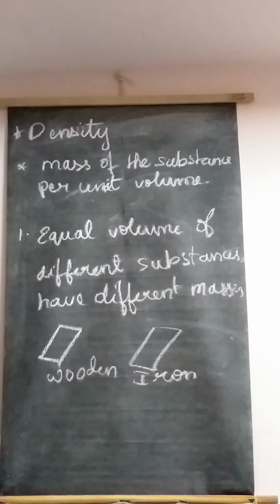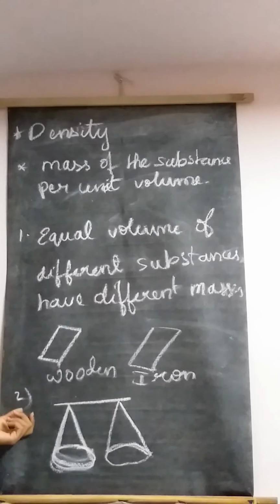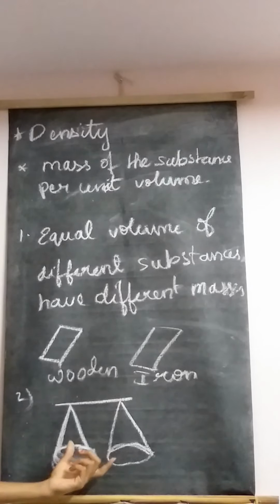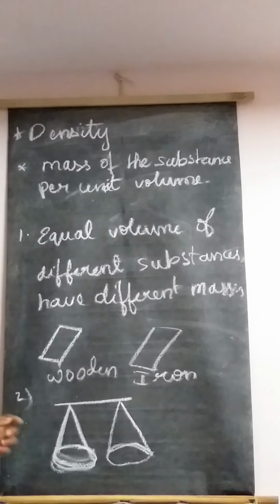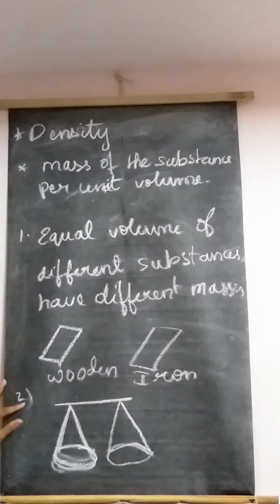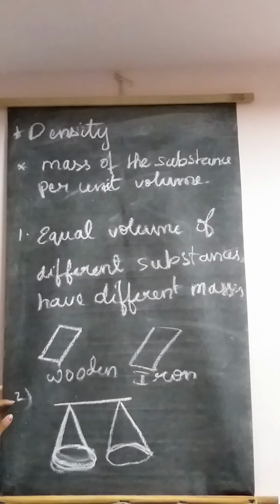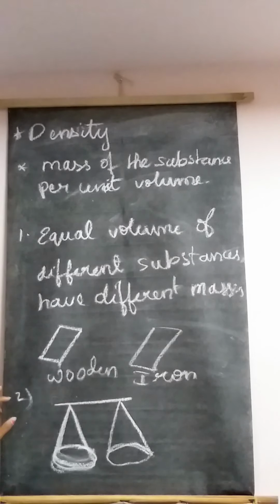So I think you got the first one: equal volumes of different substances have different masses. Now you can see there are two pans of a beam balance. Now I am going to compare the volume of substances having equal masses.